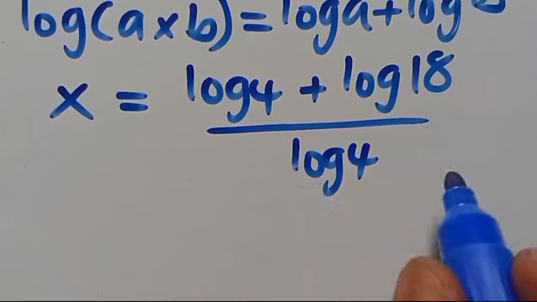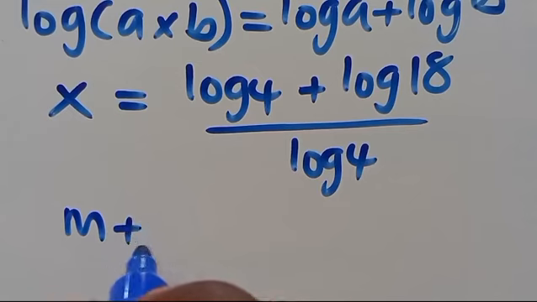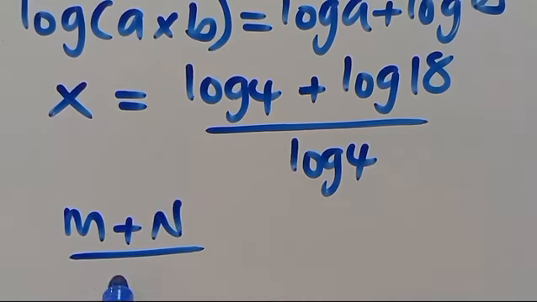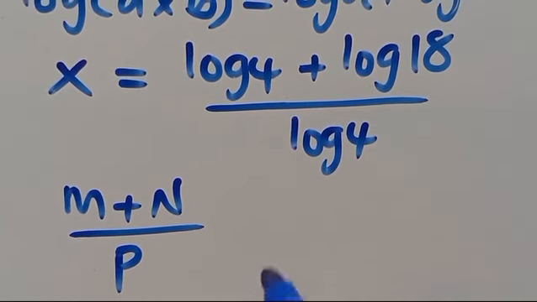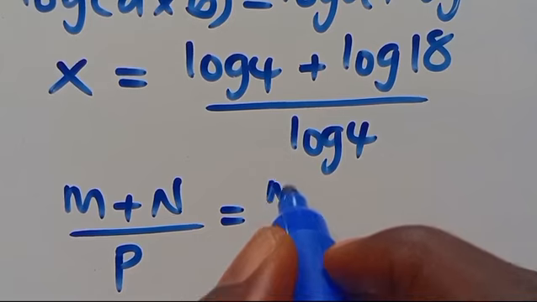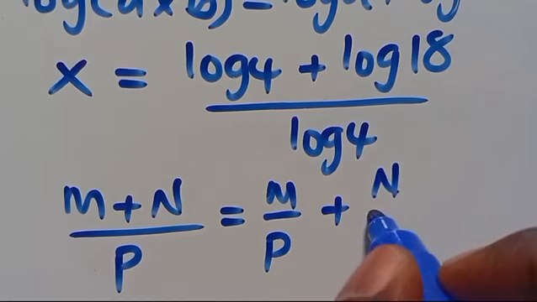Then when we have something as this, we have to recall that when we have m plus n over p, such that m, n, and p are constants, we can have this as m over p plus n over p.